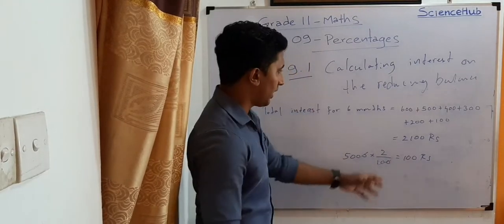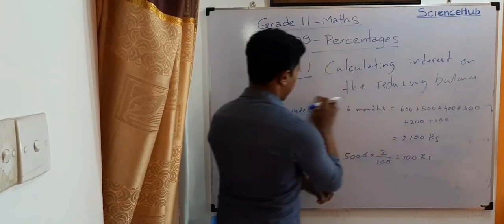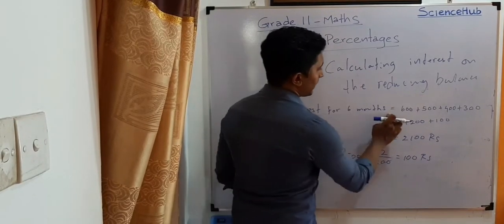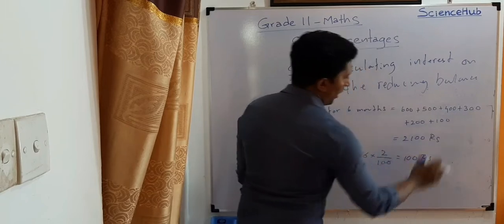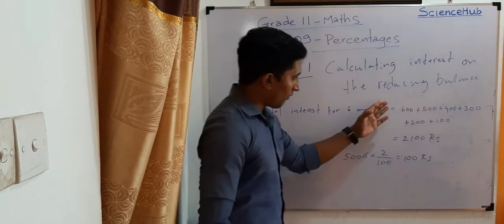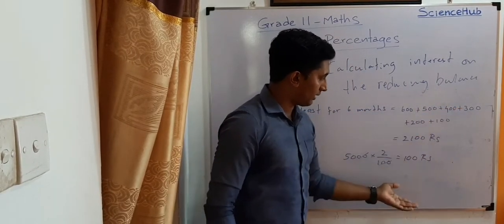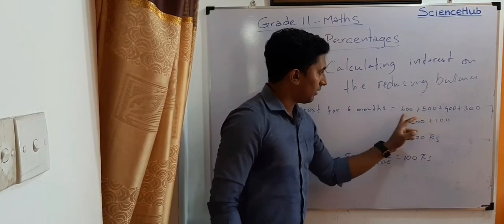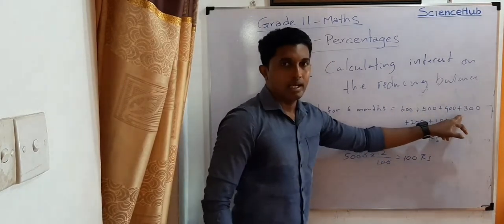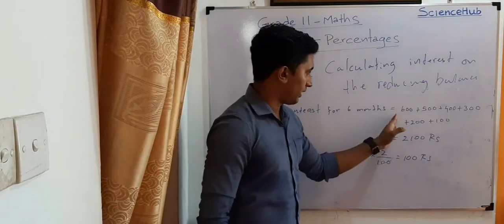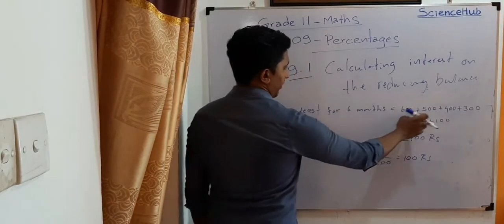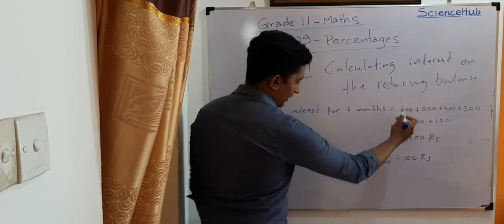Now we can write this expression: total interest for 6 months, 600, 500, 400, 300, 200 and 100. All the numbers here are multiples of 100.